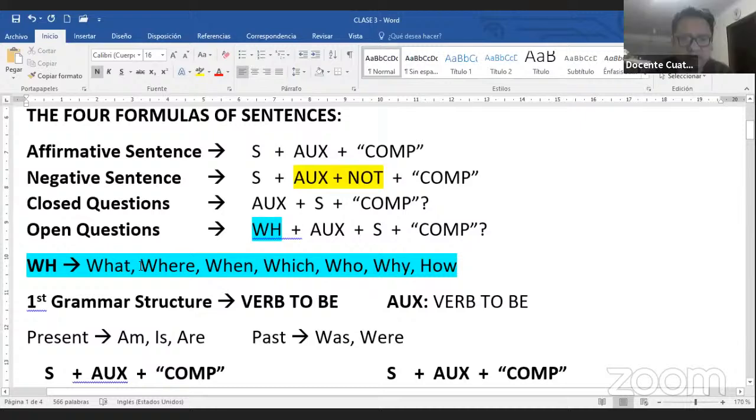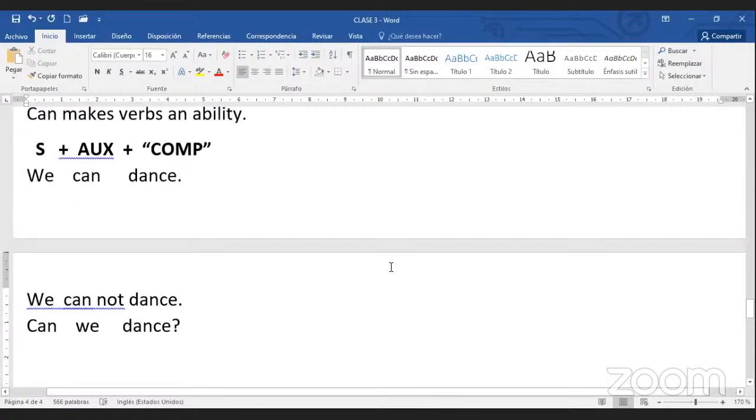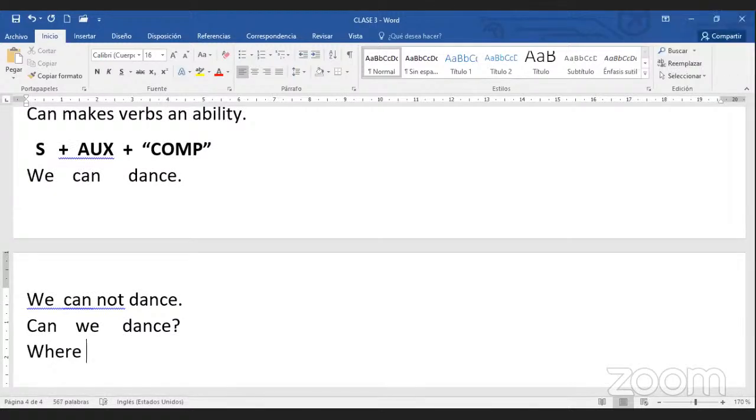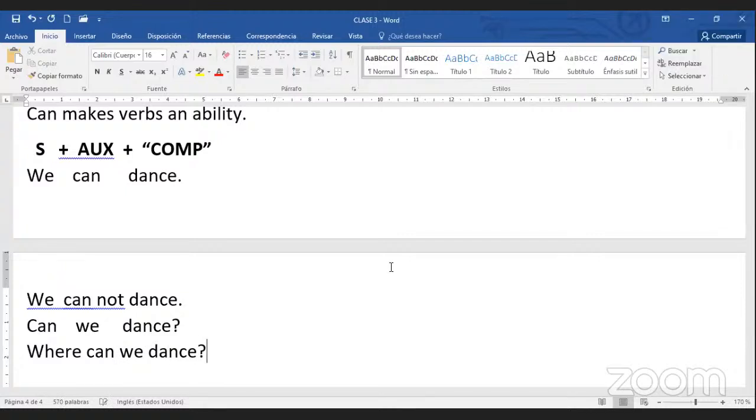You have to choose a WH word. What, where, when, which, who, why, how. So, what's your idea? Where can we dance? Nice. That's the idea.